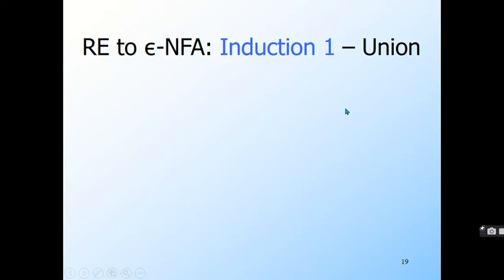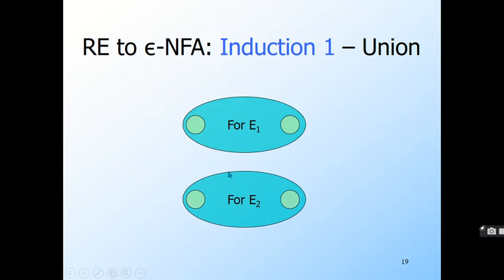In order to represent the union, that is R, we represent the regular expression E1 separately and the transitions for the regular expression E2 separately.